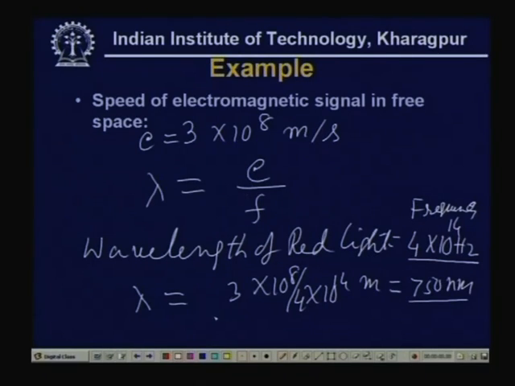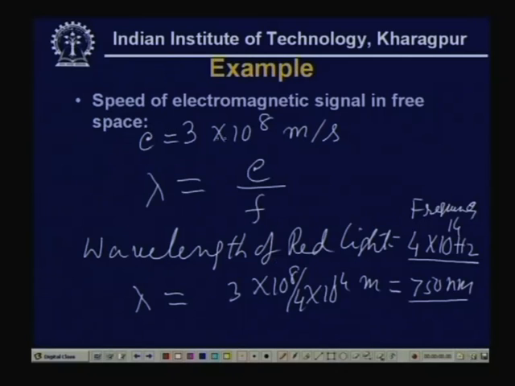So, this is how the speed and propagation time can be correlated, and this is the speed in free space. Obviously, whenever it is sent through some guided media, as we shall see, then the speed will be smaller, say equal to 2 into 10 to the power 8 meter per second.